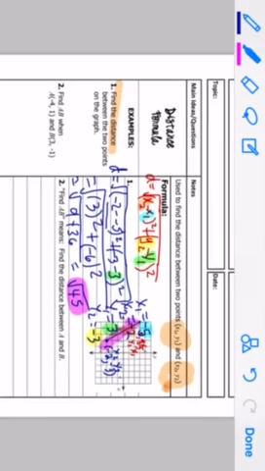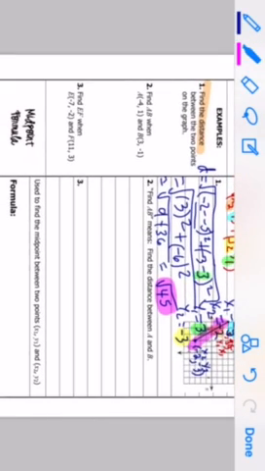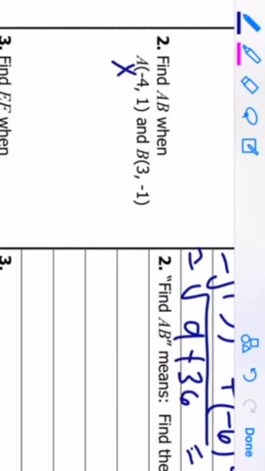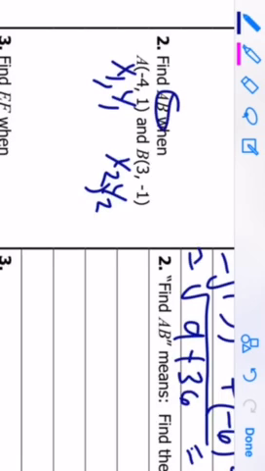Okay, next one. So we're going to find AB when A is negative 4, 1, and B is 3, negative 1. Firstly, I'm going to label these points. That's x1, y1, and that's x2, y2. So it's asking you to find AB, that's the length of it, given those points.